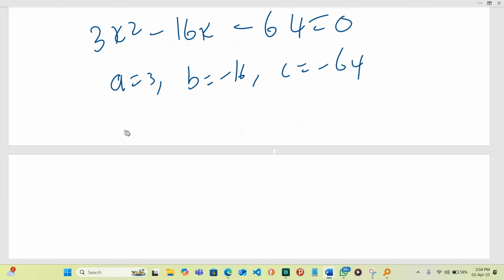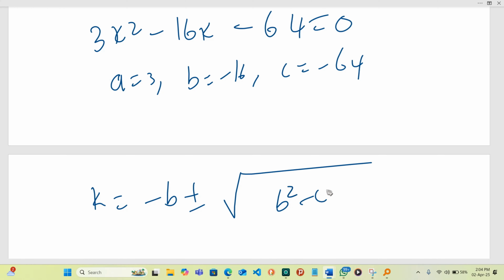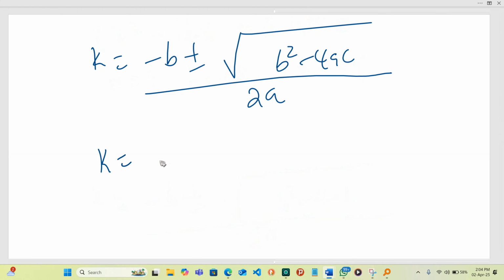So we're going to use a quadratic formula which says that now k will be minus b plus or minus the square root of b squared minus 4ac, divided by 2a. So k will be minus b, which is plus 16 now, plus or minus, because this becomes minus minus.